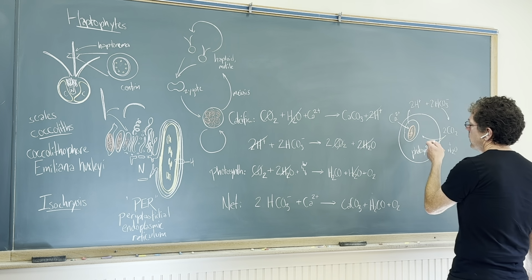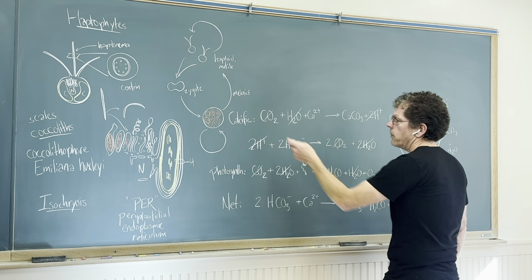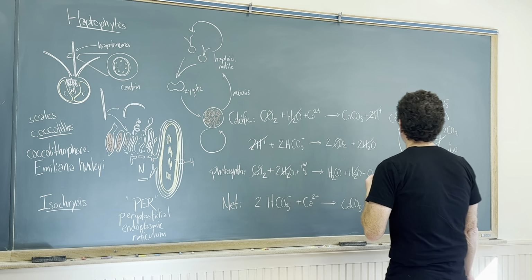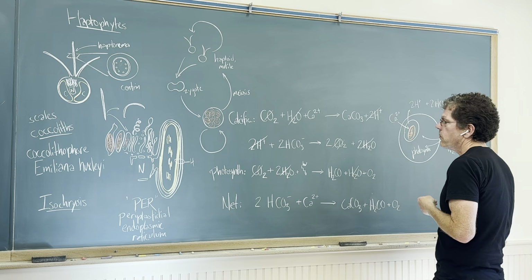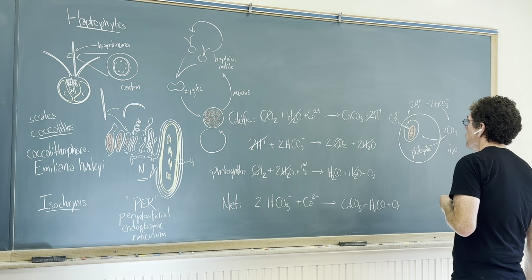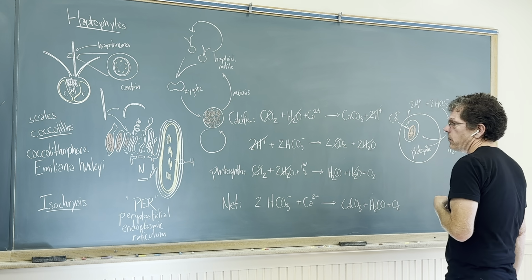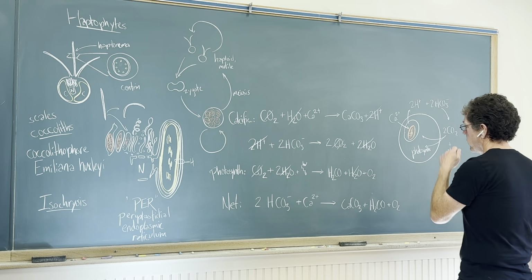It happens that these calcified scales might make the cells heavy. They might provide a source of carbonate that can be mobilized for the sake of photosynthesis.